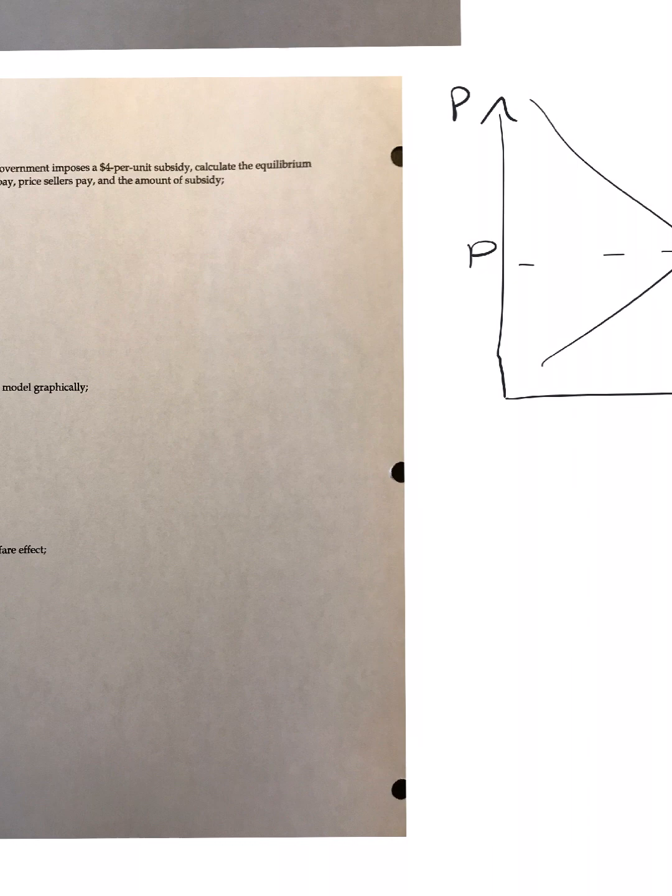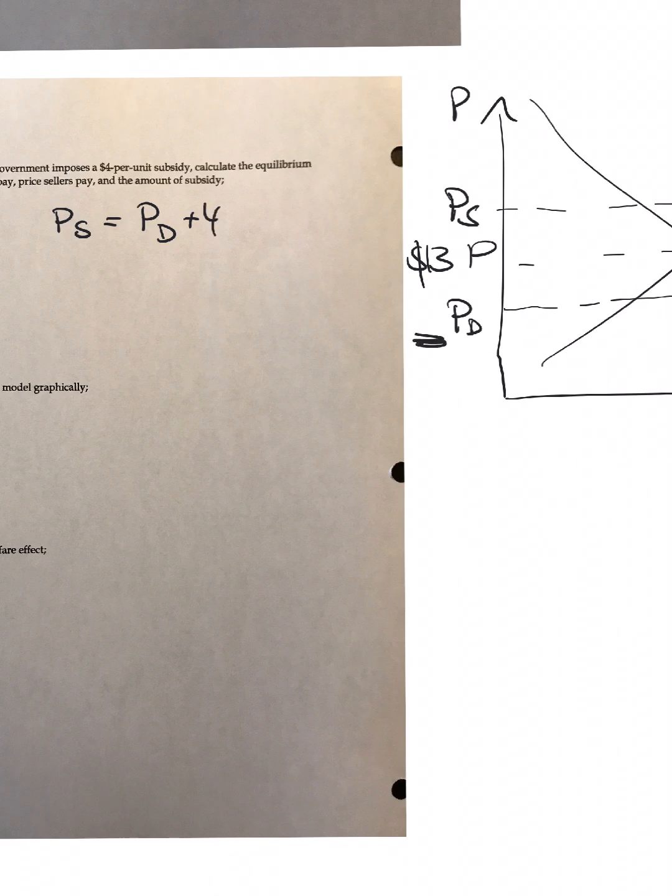So same thing, equilibrium would have been at the 135 units and the $13 price, so we have the same market to begin with. But here with the subsidy, so this is now the price on the demand curve, and this is the price on the supply curve. So for us now, the difference here is that the price on the supply is the price on the demand plus 4, right?